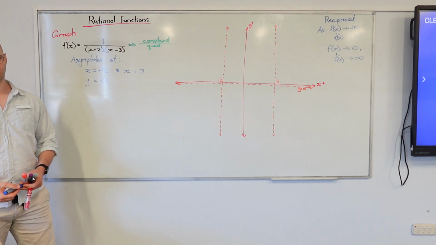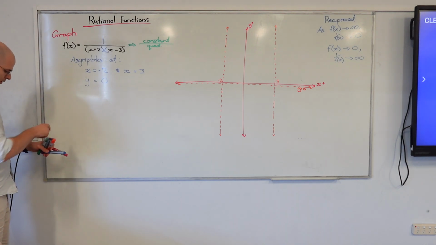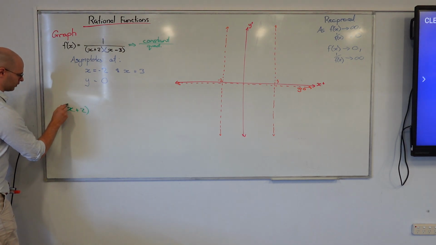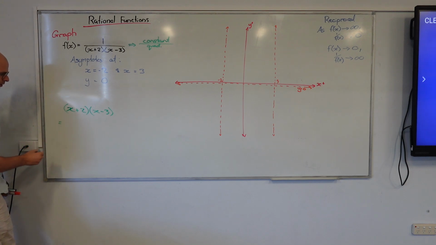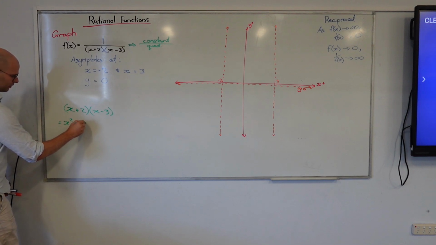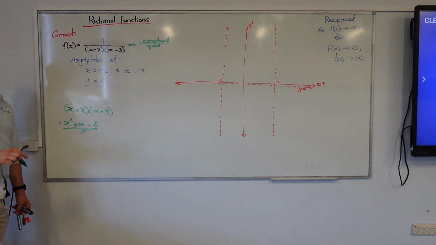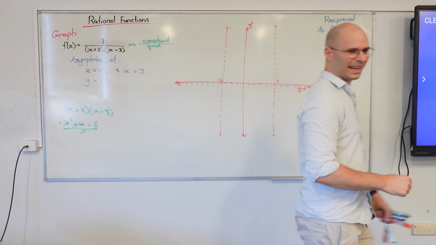Think about it, if you expanded this out, what would that be, expanded? X squared minus x minus 6. Is that concave up or concave down? Happy face or sad face? Happy face.